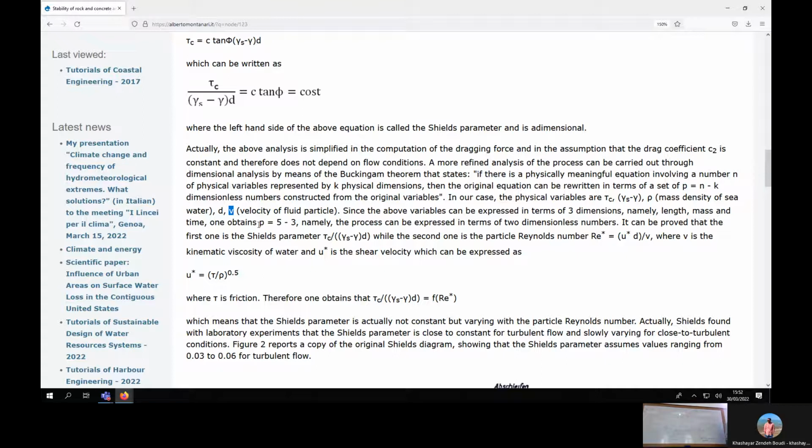And then, for each critical condition that he found, with different grain size, different condition, he put a point into the graph. So he made several experiments, several velocities, several grains, several diameters of the particles, and each time that he saw that particles were starting to move, he put a point into the graph.